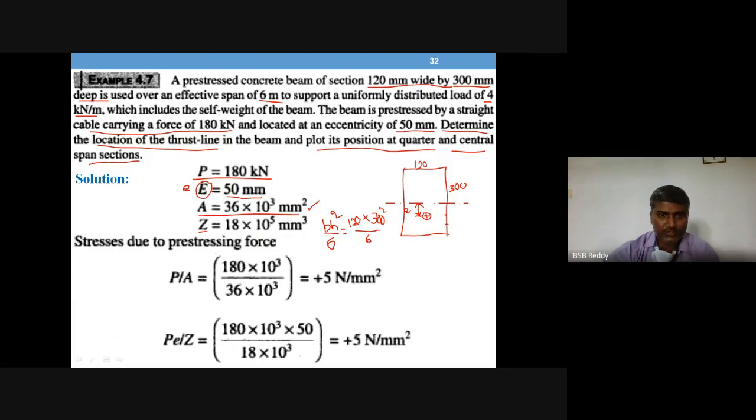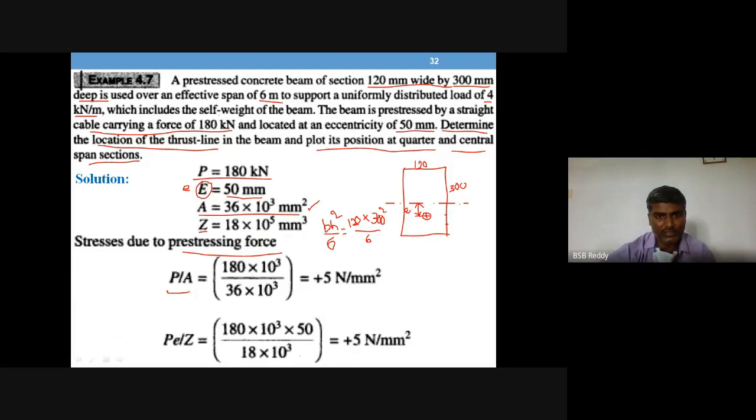Now, stresses due to pre-stressing force. Here we are going for the stresses calculation also, though the question is just to plot the thrust line. We'll calculate stresses also. So do it for P by A, that is the direct stress from pre-stress.